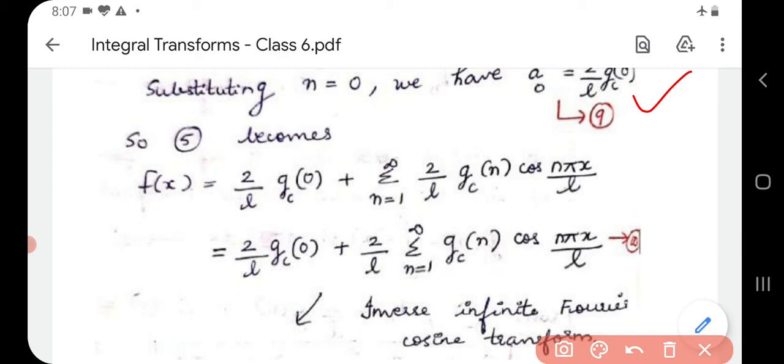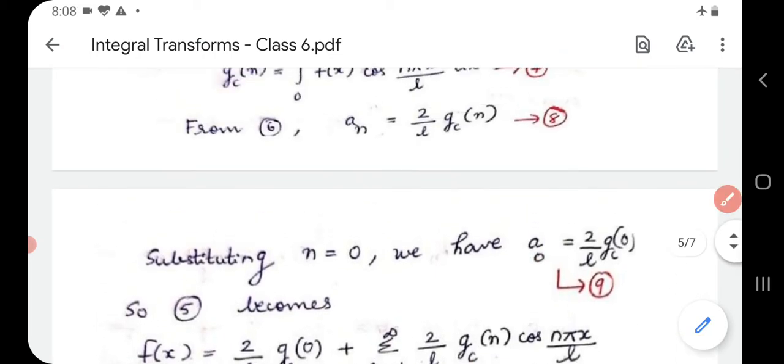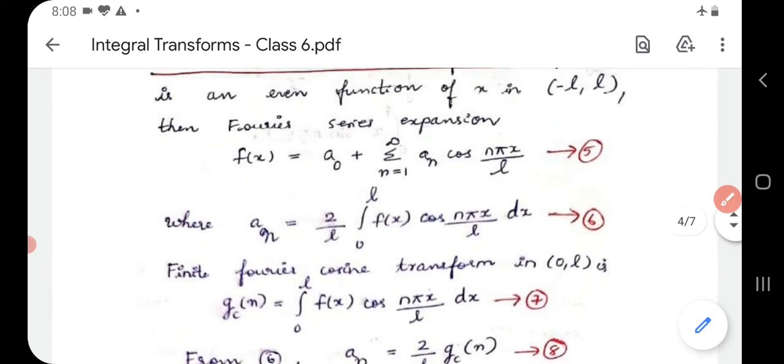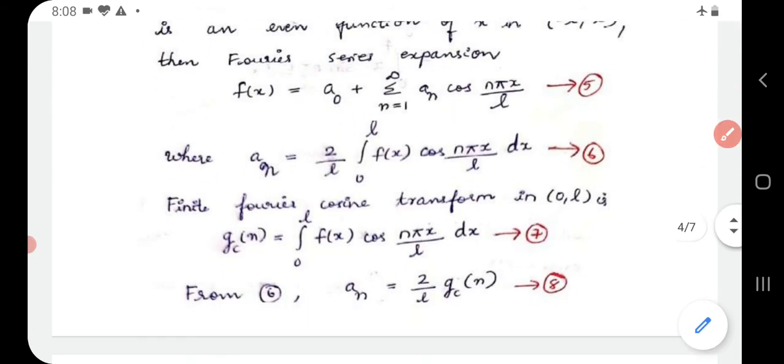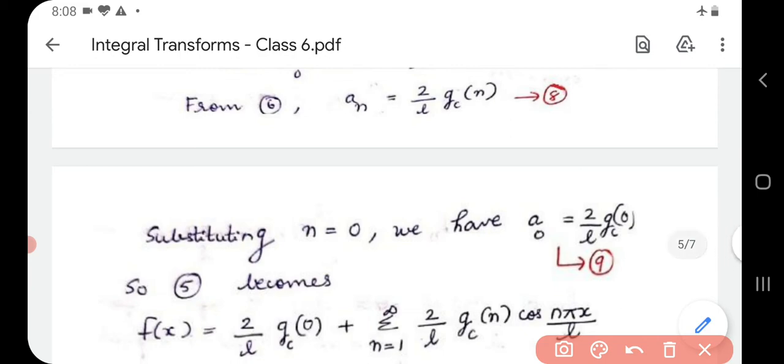So altogether, substituting, equation 5 will become f of x equal to 2 by L GC0 plus sigma n from 1 to infinity 2 by L GCN cos n pi x by L. See here, in the series we have written, that is in equation 5, what was your equation 5? a0 and an. So instead of a0 and an we are replacing them with these terms. In place of an we write this, and in place of a0 we write this.